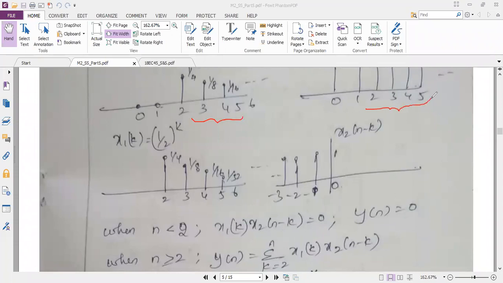After that, what's the next step? Do I need to keep the variable in terms of k? Yes, k. So x1 of k is equal to 1 by 2 power k. Where has that u of n minus 2 gone? In the question you have u of n minus 2, right? Where has that gone?